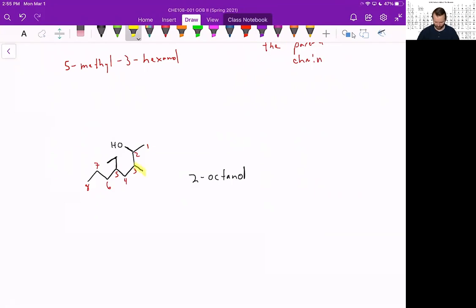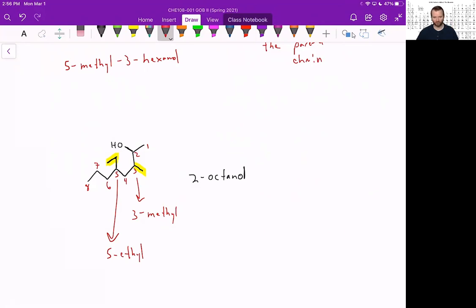This group is a substituent. That group is a substituent that I've highlighted in yellow. So we have 3-methyl and 5-ethyl as our substituents. Those are going to be the prefixes in the name. We still go in alphabetical order.